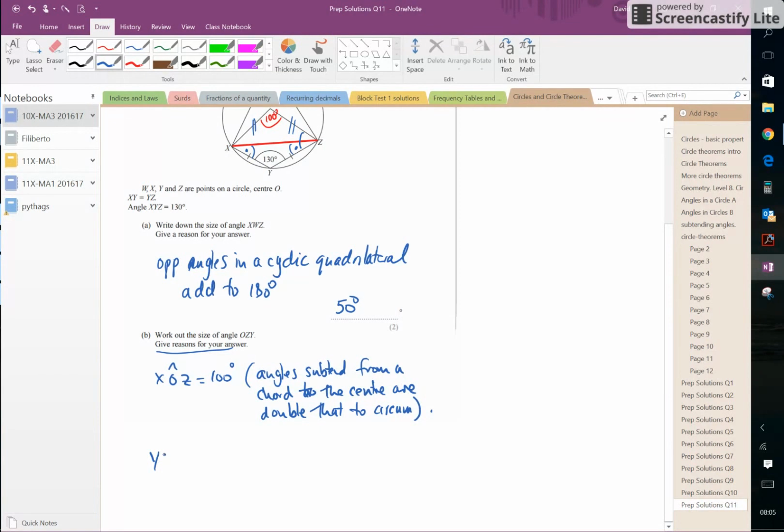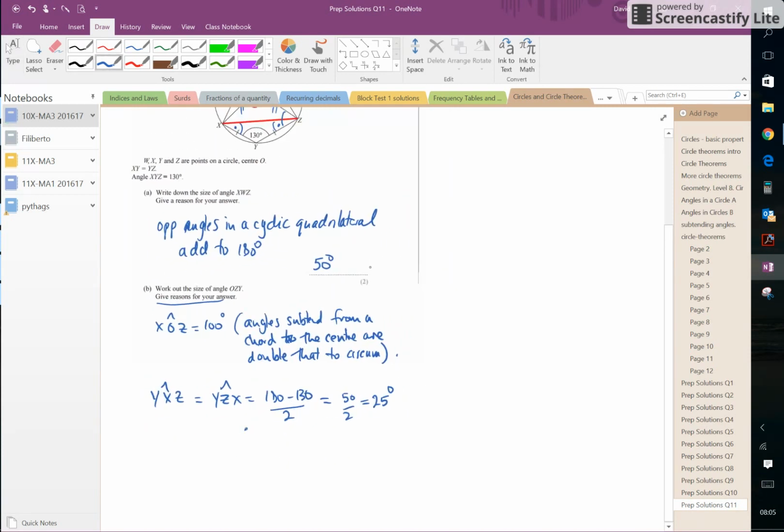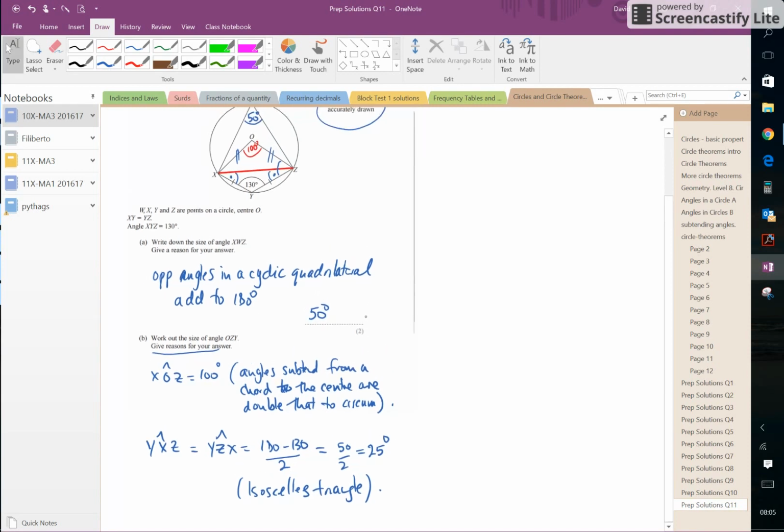YXZ must be the same as YZX, which are 180 minus 130 over 2, which is 50 over 2, which is 25 degrees, isosceles triangle, and we can do the same thing here.